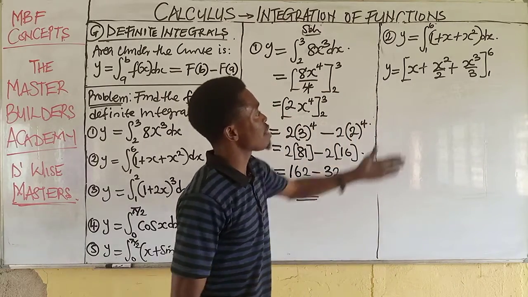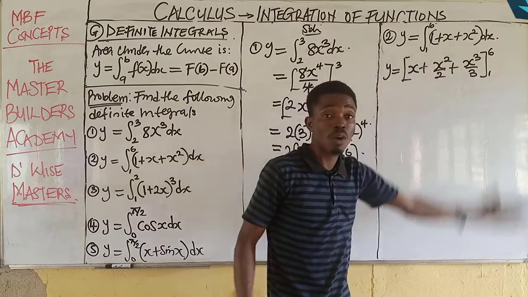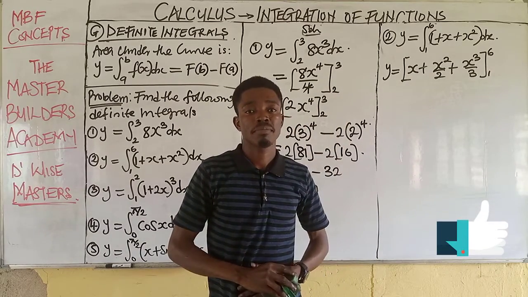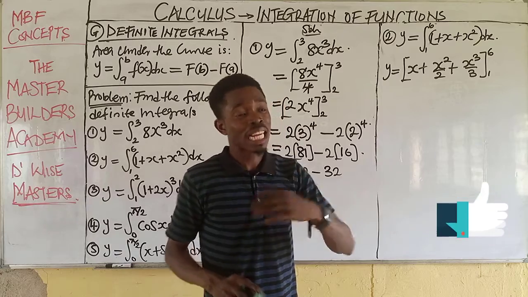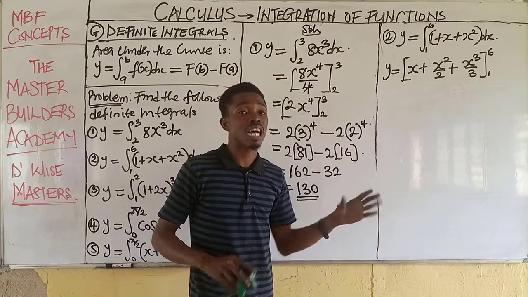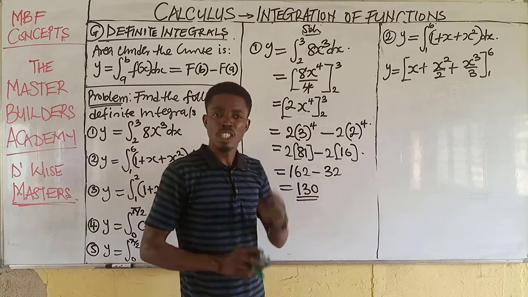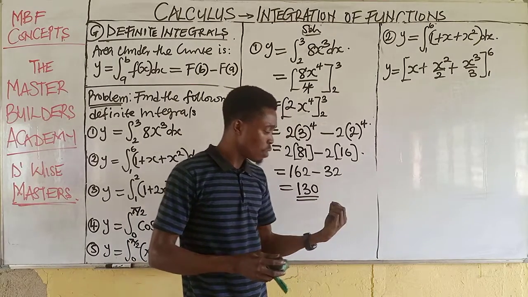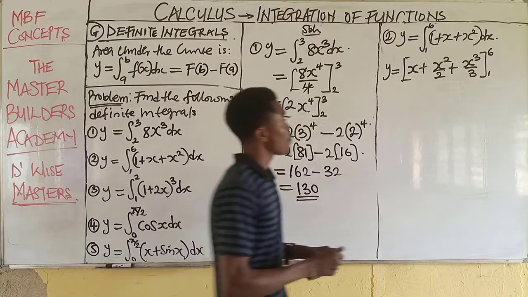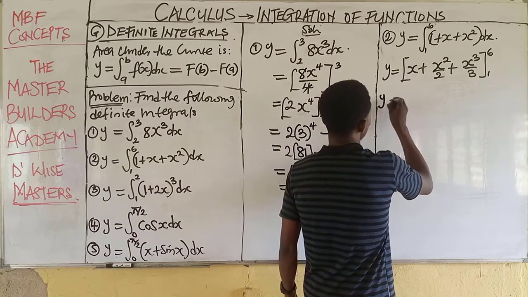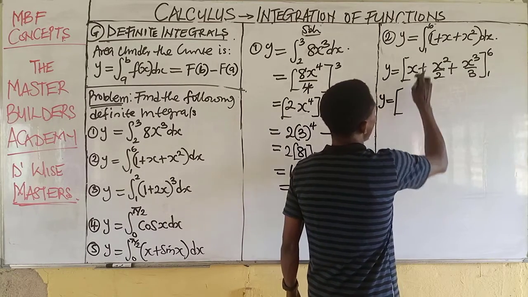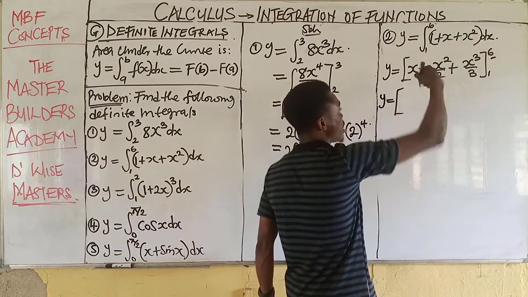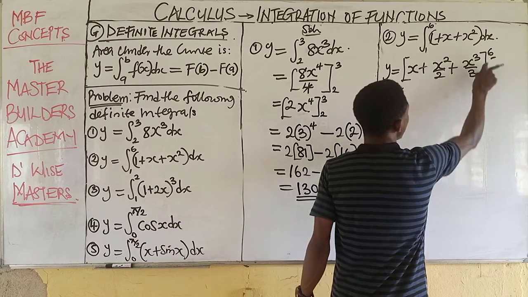At this point, now that we have successfully integrated and nothing can cancel out, we will have to substitute in the upper limit. Of course, we know that your calculator can work this out for you, since you are doing objective. Alright? Your calculator can work it out for you for objective purposes. Now, we have that y is equal to, put in the upper limit, which is 6. So first of all, substitute in the upper limit in this whole function.